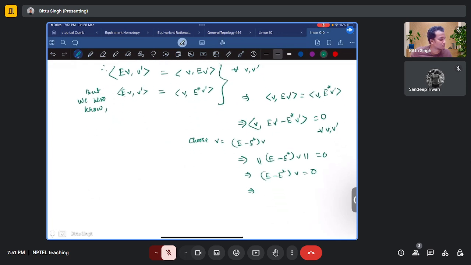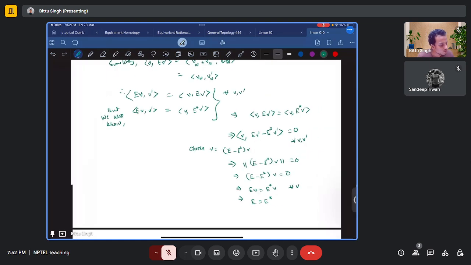That is, EV is the same as E star V. This is for all V. Therefore, E is the same as E star. So any orthogonal projection must be self-conjugate, self-adjoint. That is, the adjoint operator E star is the same as E, which is not true for an arbitrary projection.